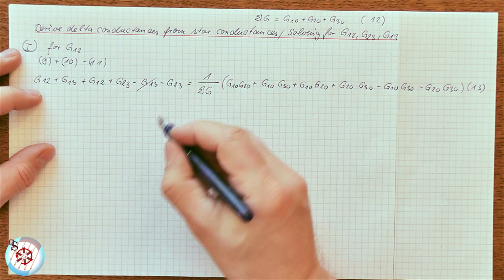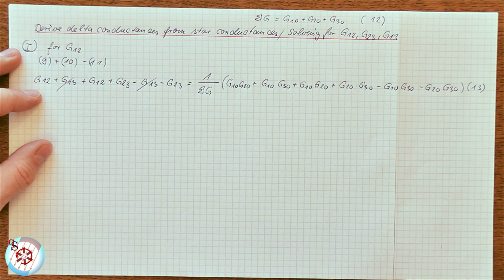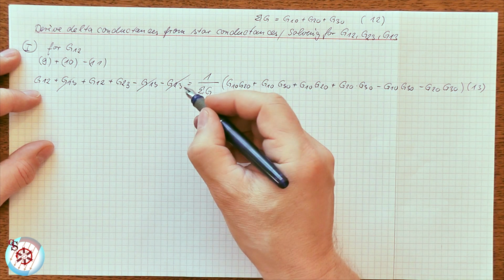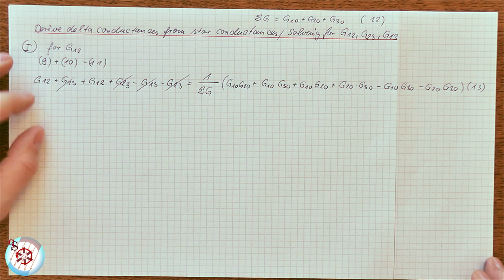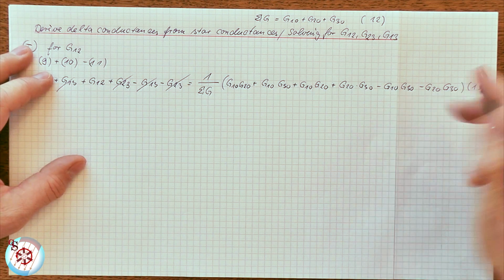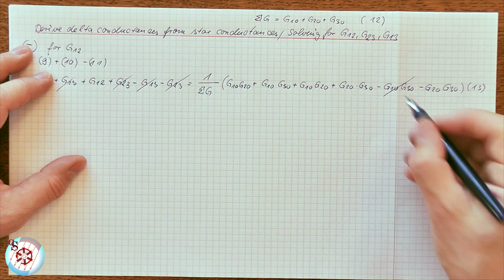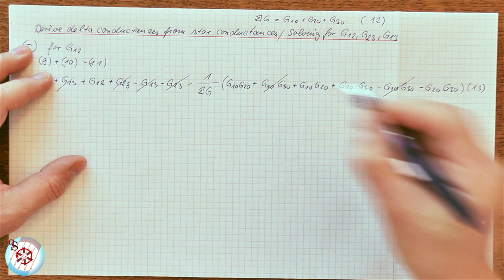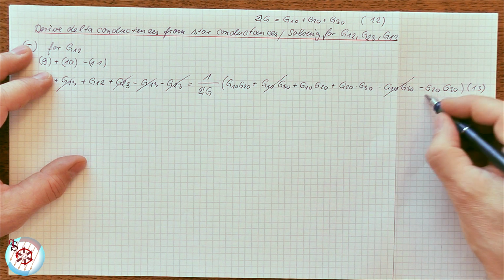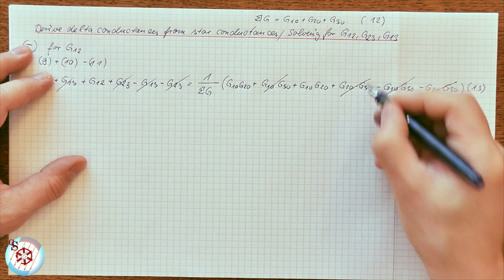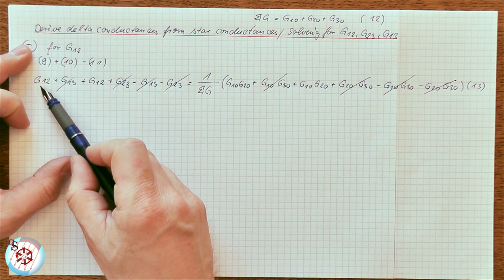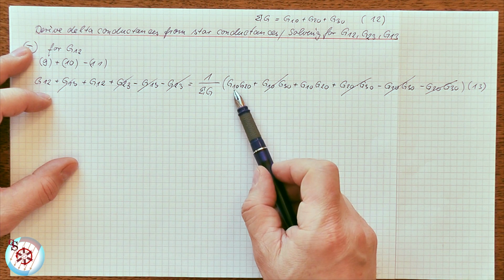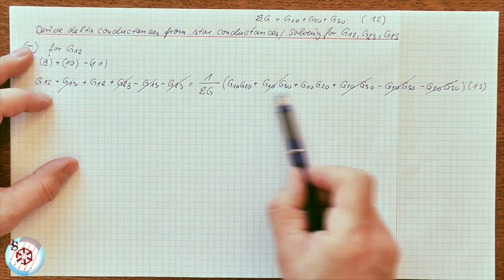And now let's see if any of those terms will cancel out. Yes, they will. So we have G13 cancels out with G13, we have minus G23. It cancels out with G23. So let's look at the right side. G10, G30 cancels out here, and G20, G30 cancels out here. So we have 2 times G12 on the left side, and we have 2 times G10, G20.